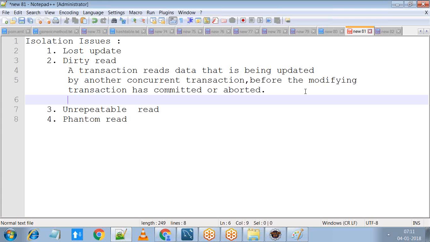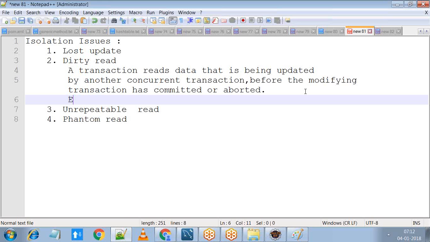Yeah. See, now we don't know whether this modifying transaction will commit or roll back, right? If it rolls back, that means whatever changes this transaction has done are invalid. Yes, it is stale data, and that invalid data is read by the first transaction, right?